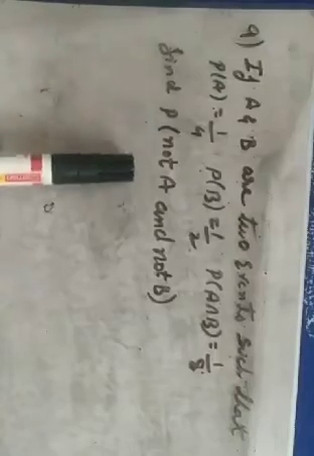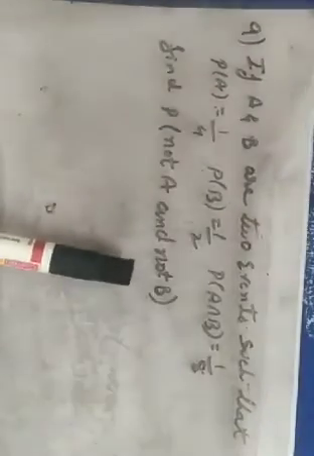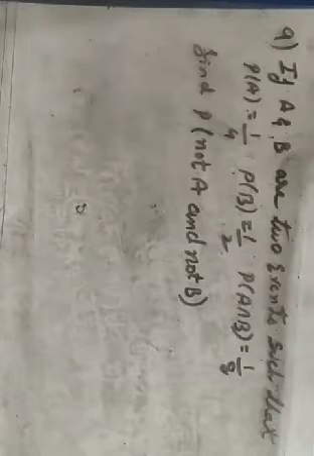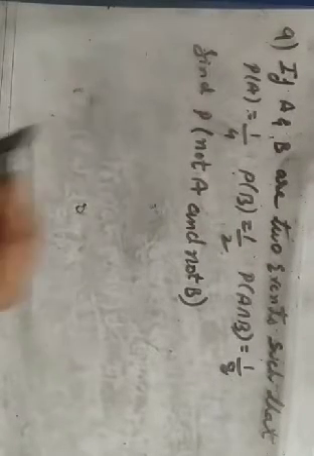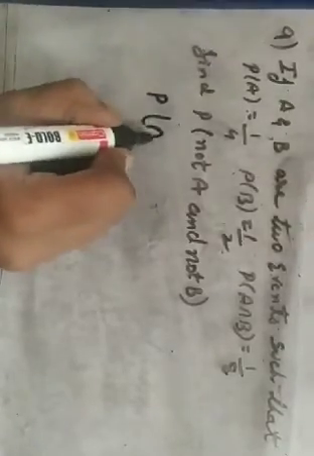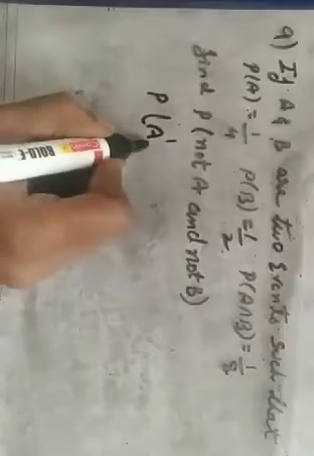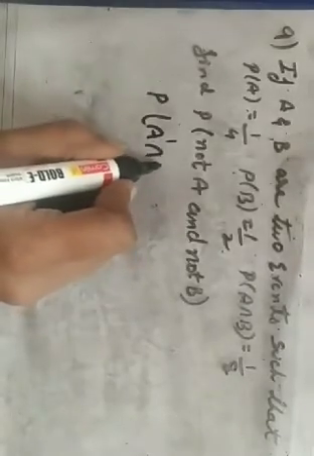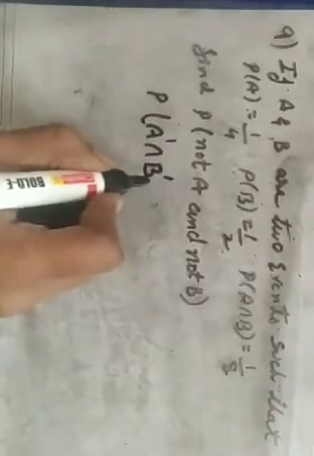Find P of not A and not B. Not A and not B we have to calculate. So the not is always given by dash, complement, and the symbol is intersection. P of A dash intersection B dash.